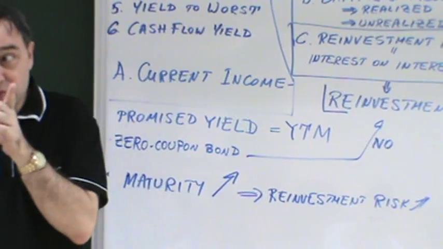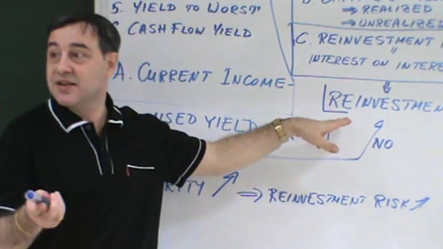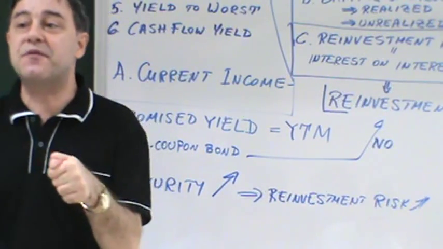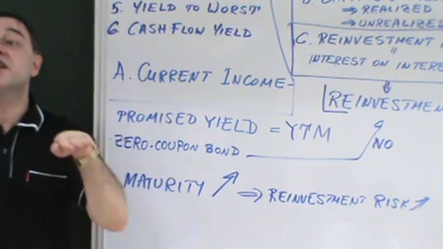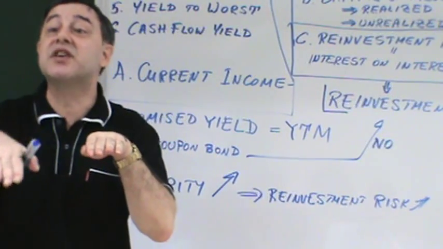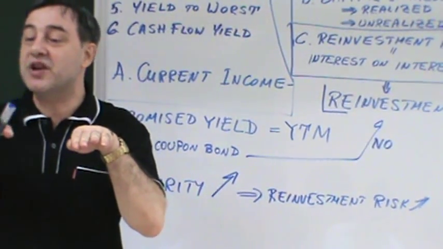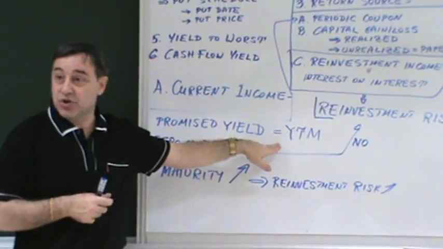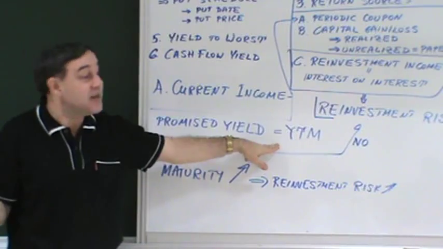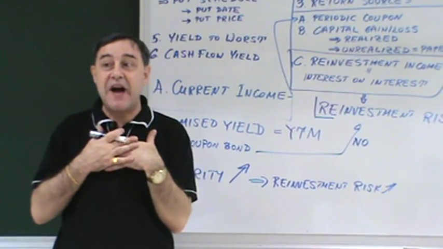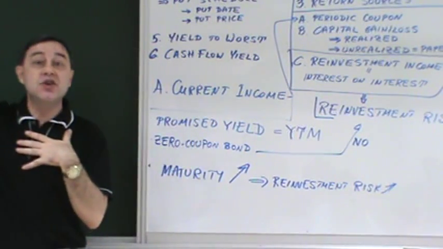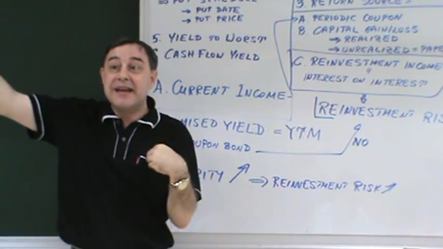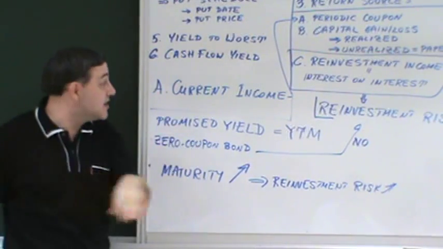Now, it's important to understand, as we had in the previous hour, that reinvestment risk does not mean you suffer a loss. It means you suffer a loss if the rate at which you reinvest is lower than your yield to maturity. What can happen is, right now you're yielding 5%. Next year, you're yielding 6. And you say, great, now I'm making 5, next year I'm making 6.